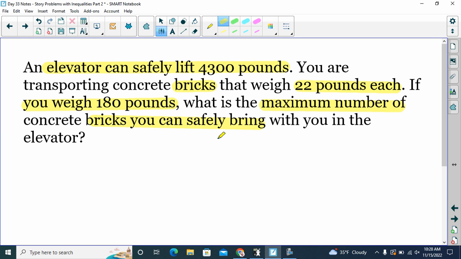So you're loading up all these bricks, you're transporting them in this elevator. You need to ride in the elevator with the bricks. You weigh 180 pounds. The bricks weigh 22 pounds each. We need to know what is the most number of bricks that you can bring in the elevator to stay under that 4,300 pound limit?